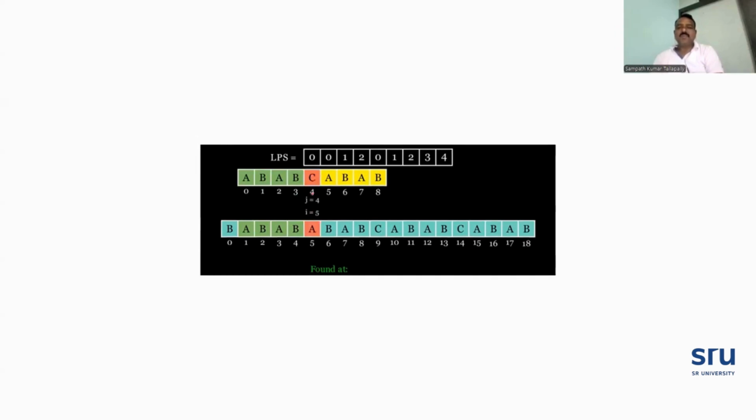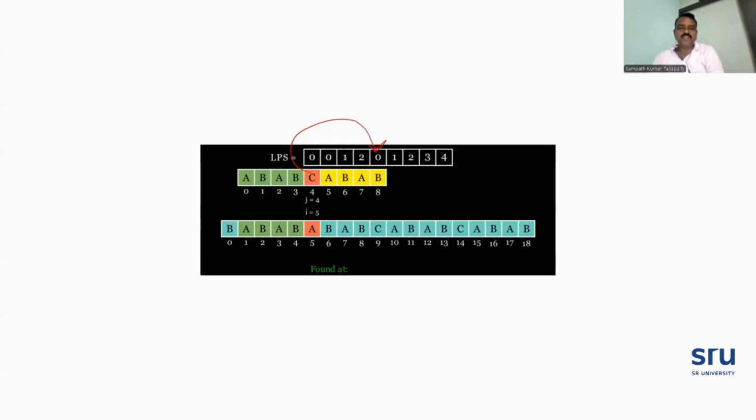Now, at this point, the characters pointed to by my J and my I are not same. When they are not same, what we need to do is take the corresponding value of my C, where J is equal to 4.